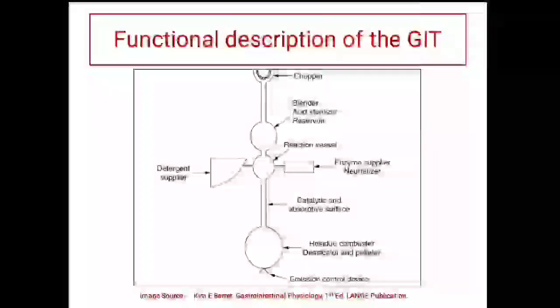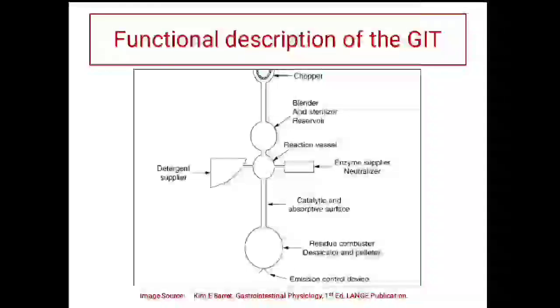The reaction vessel receives the detergent in the form of bile from the liver and gallbladder, and the enzyme suppliers and pH neutralizers from the pancreas and other intestinal glands. The rest of the intestine provides catalytic and absorptive surface. The residue is stored in the large intestine and ultimately emitted by regulated autonomic and voluntary control through the anal sphincter.